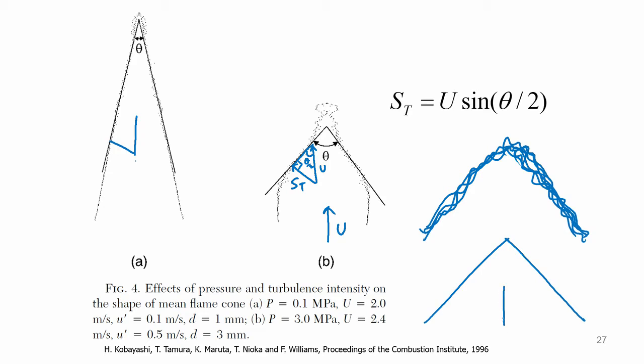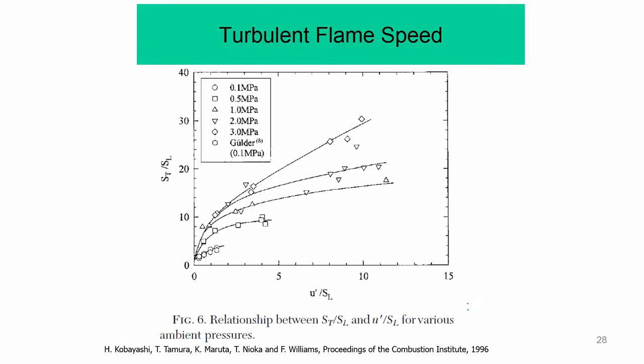Then this is your mean fluid velocity, which you know from your mass flow readings, and you resolve it into the normal and tangential components. This is your theta by 2.